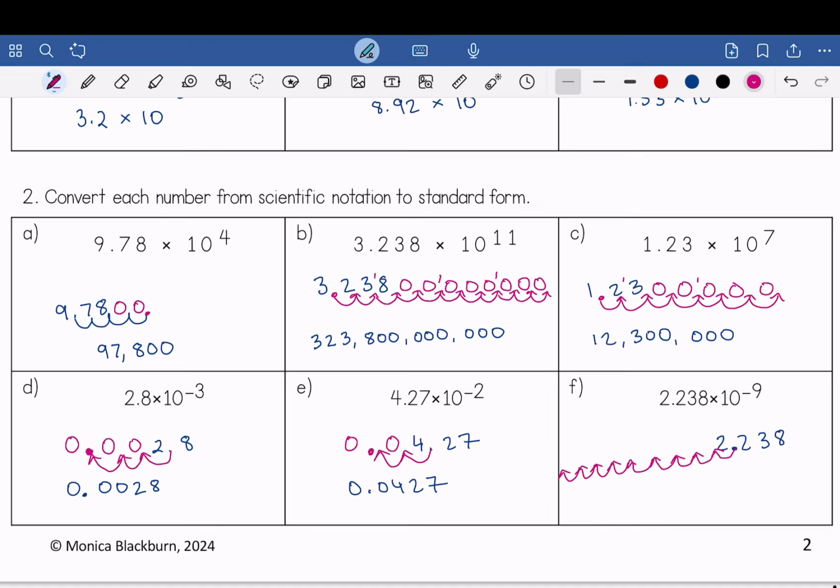I'll fill those spaces with zeros. It's a bit crooked. 1, 2, 3, 4, 5, 6, 7, 8, period, and then 1 more zero. So my new number becomes 0.12. I'm going to count the zeros. 1, 2, 3, 4, 5, 6, 7, 8. And then write the digits: 2238.